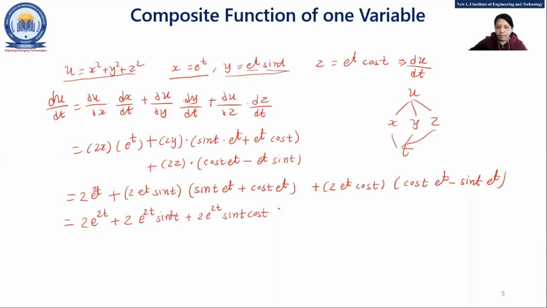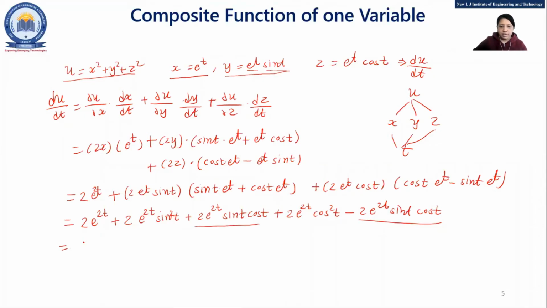Now plus, same way, 2 e raised to 2t cos square t minus 2 into e raised to 2t sin t cos t. So this is supposed to cancel out, right?